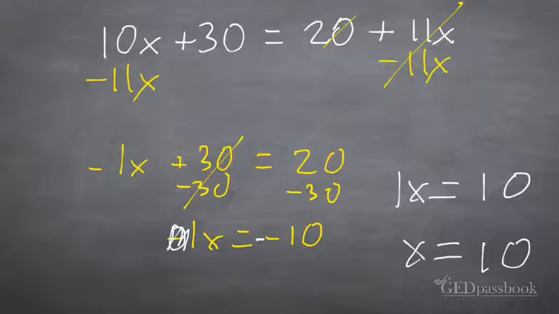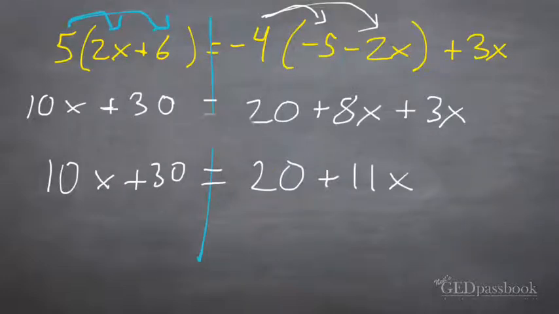Literally, that was multi-step equations. I personally think the hardest part of multi-step equations for students is the simplification part. Simplifying correctly, because just by doing one mistake, literally one mistake, if over here you decided to distribute out the 5 times 2x and then the 5 times 6, and somehow put a -30 instead of a +30, just because of that negative, your whole answer would have come out wrong.